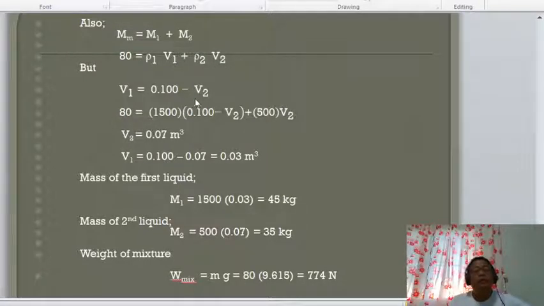So the mass of the first liquid, knowing the density and the volume, is equivalent to 45 kilograms. And the mass 2, of course, is 500 kilograms. And the weight of the mixture, knowing that weight equals mass times gravitational acceleration, is now equivalent to 774 Newtons.